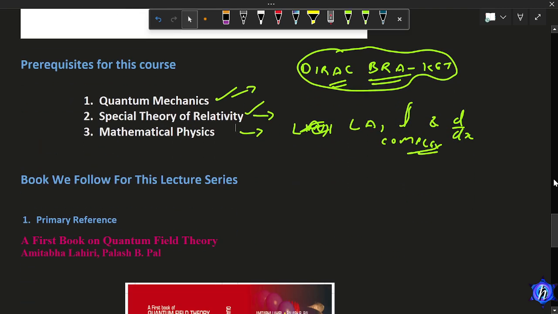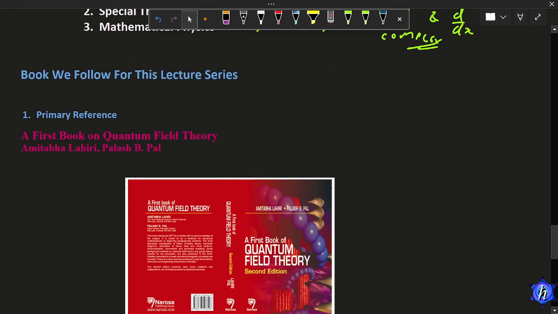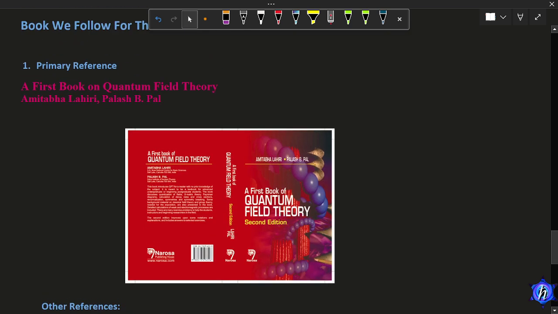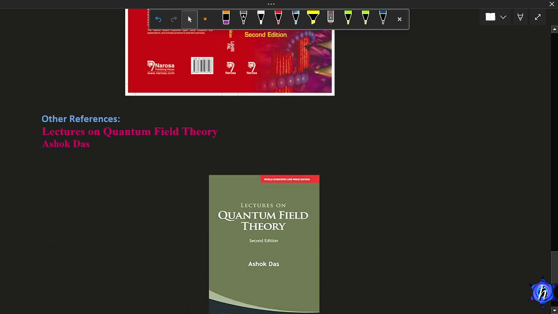So, what are the books that I want to follow? For this lecture series, the primary reference is going to be this book. This is the first book on quantum field theory, a beautiful book, and the one I followed during my electives last semester. Another reference that I followed was Ashok Das.